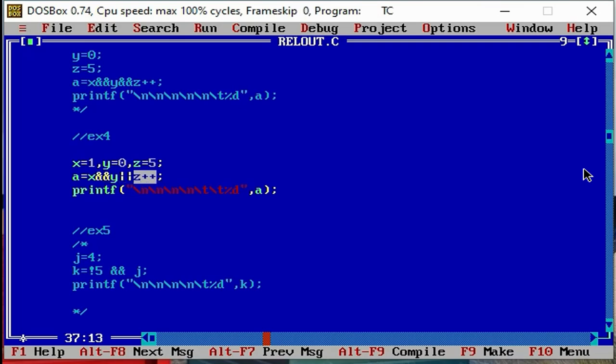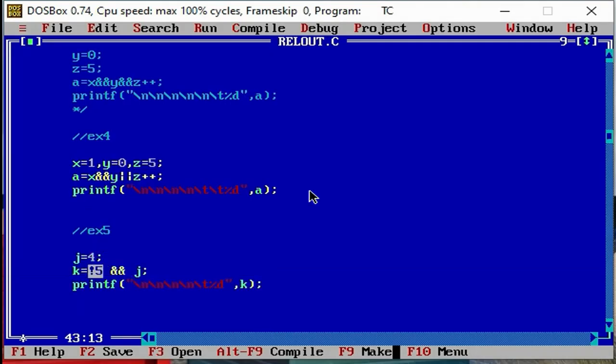Now 0, false, OR, true. That means the result will be true, because if even one part of an OR operation is true, the final output is true. So the value of a must be 1. Let's check. See, it is 1.